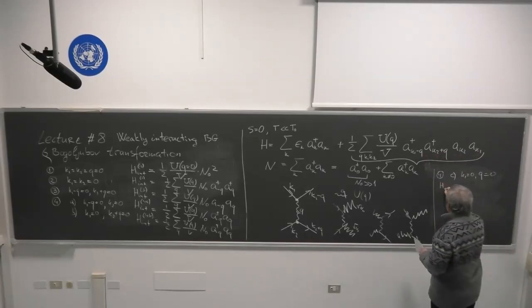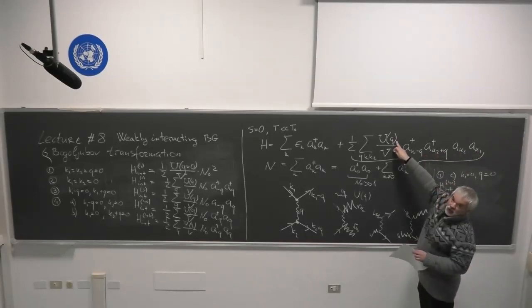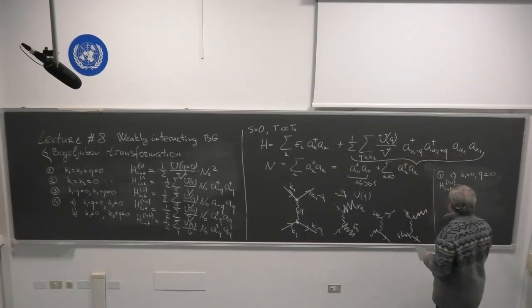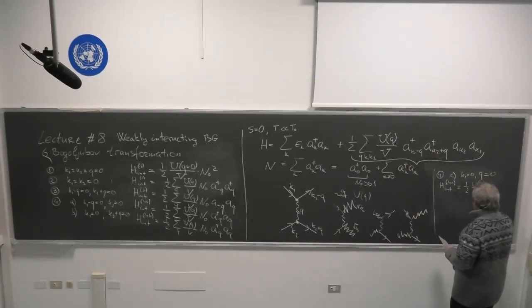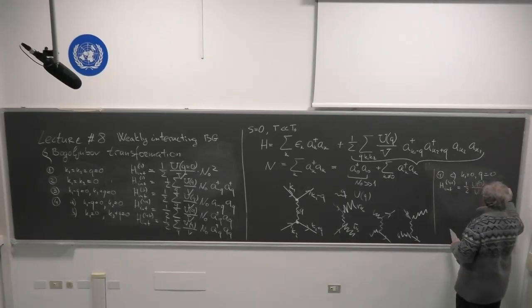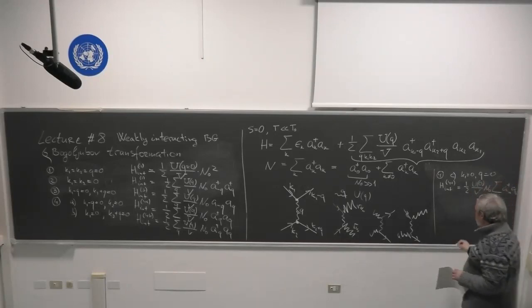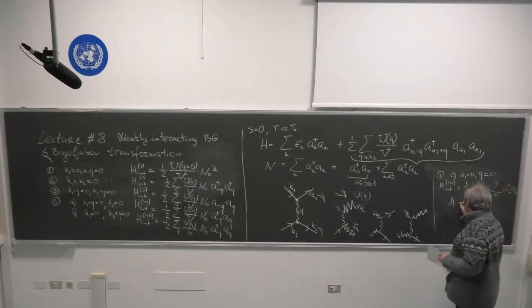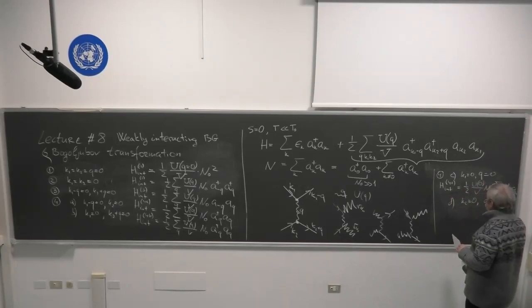So H interaction for C is equal to, now we have U at Q equal to 0, so this is 1/2 U node over V times N node, sum over K, A dagger K, A K. And the last possibility, D, is when K2 is equal to 0 and Q is equal to 0.